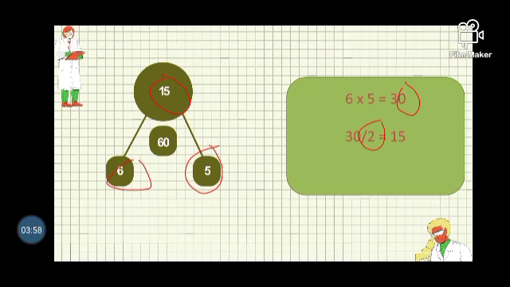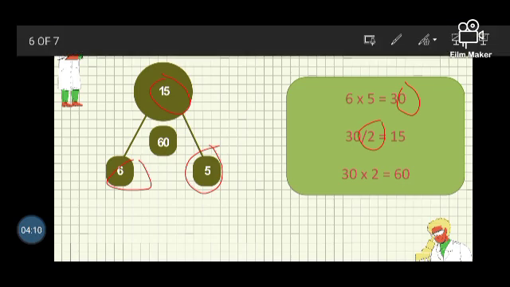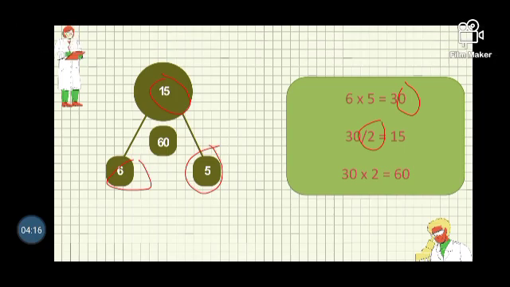How do we get 60? Simply 30 times 2. So 30 times 2 gives 60. So how do we get our answers now? 6 times 5 is 30. Divide by 2 gives 15. Times 2 gives 60. It's quite simple.